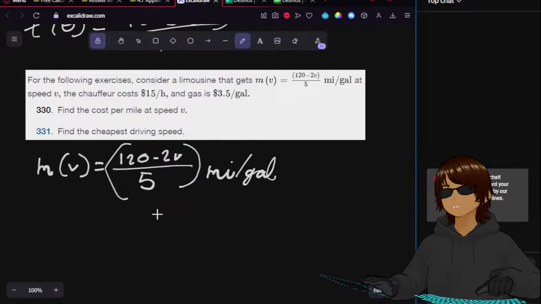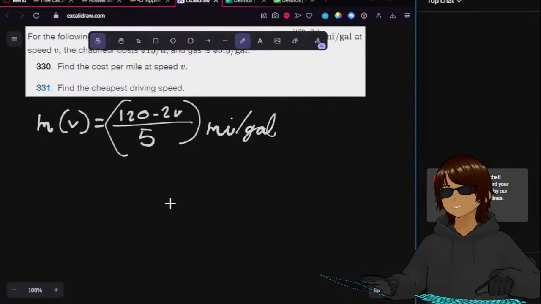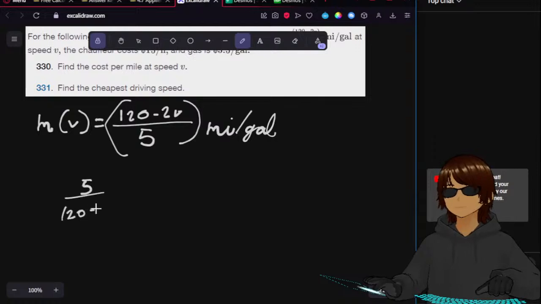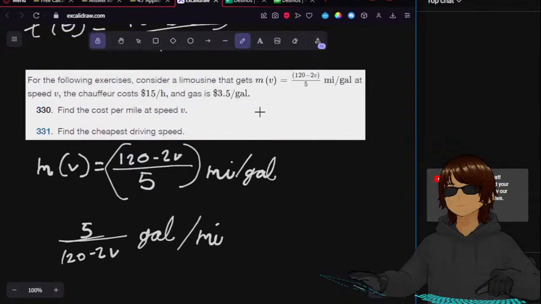So if I reverse it, 5 gallons is what it costs to go 1 mile.